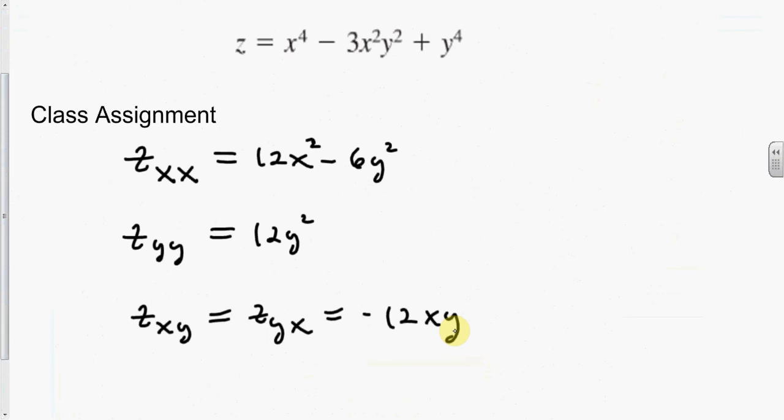Yes, yes. That's negative 6x squared plus 12y squared. Yeah. Yes, sir.